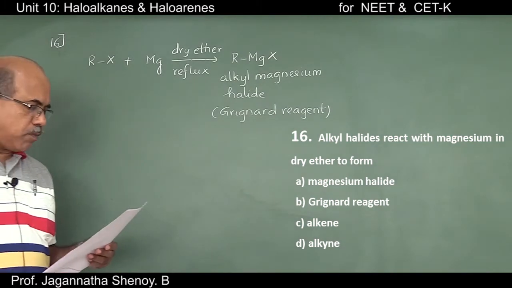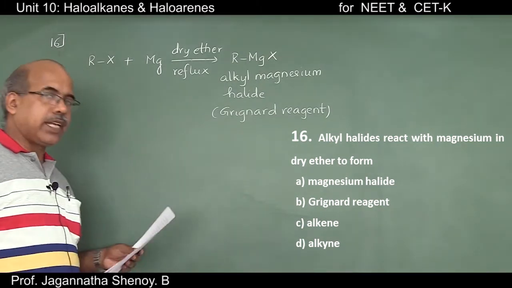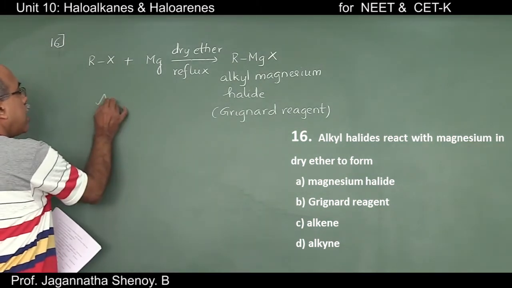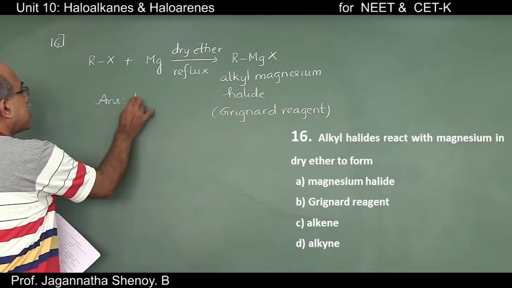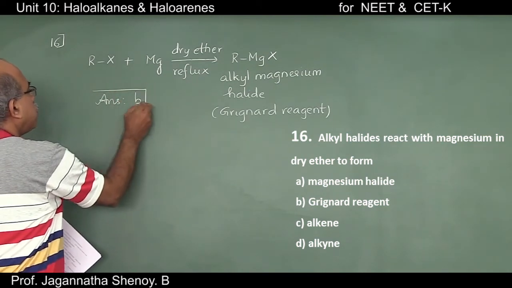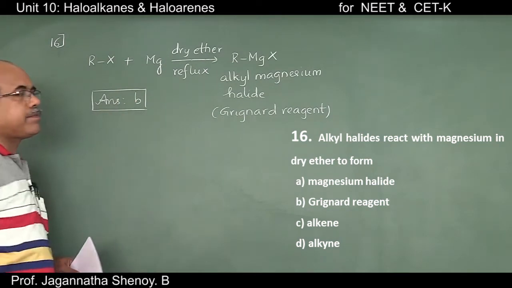So what is the product obtained? It has to be Grignard reagent. So answer for question number 16 must be option B.